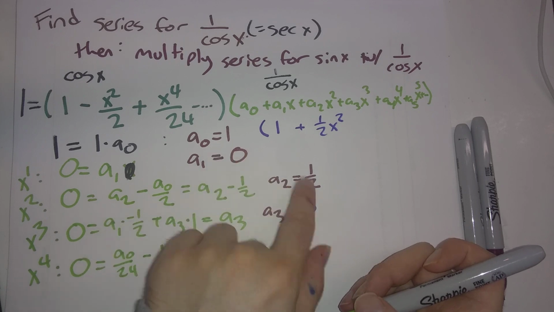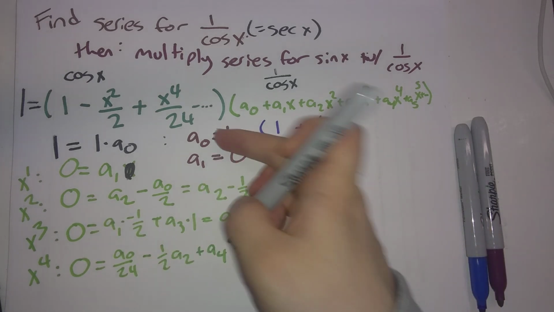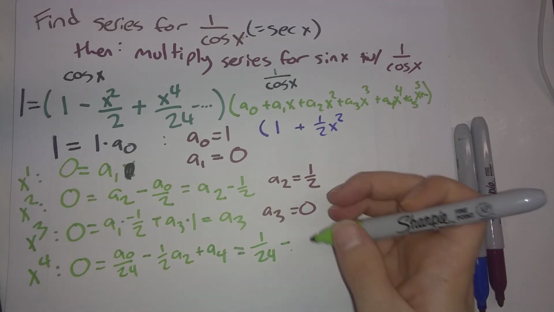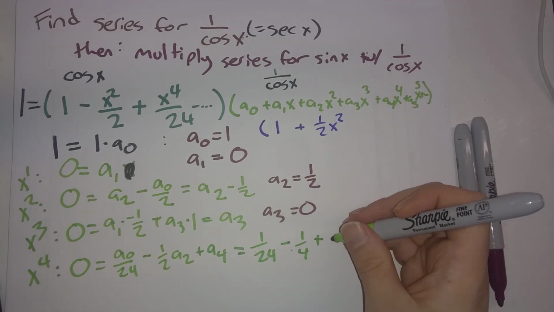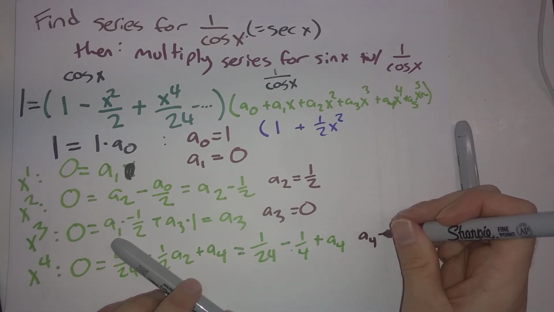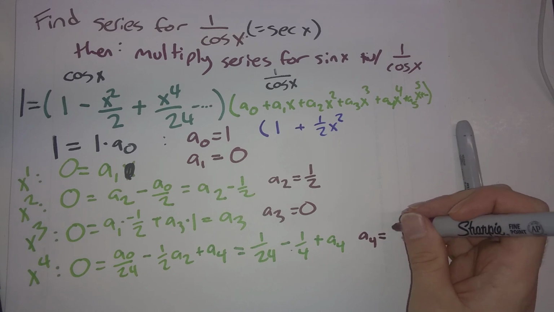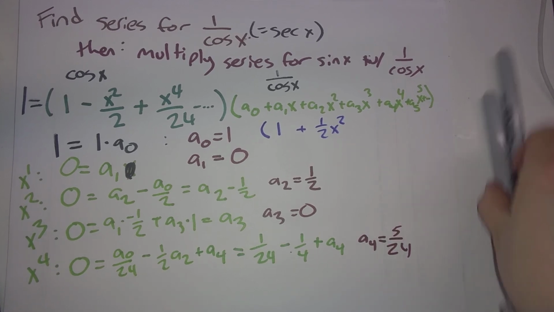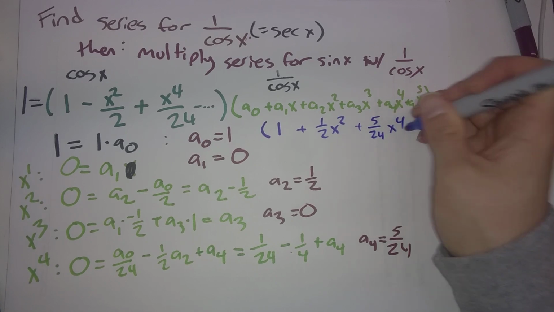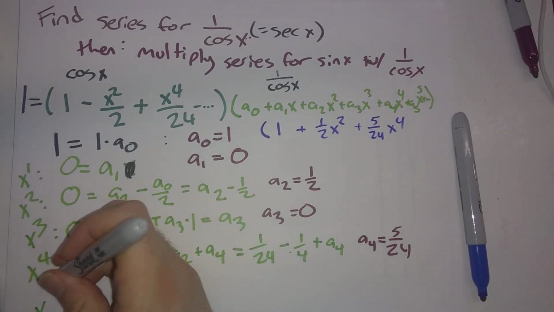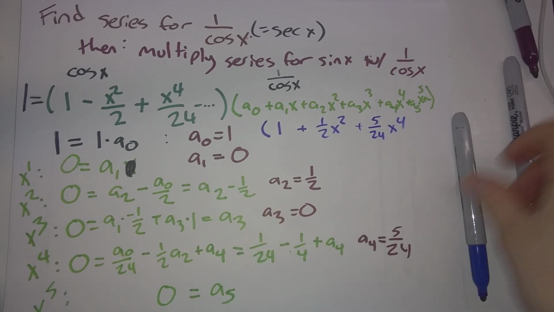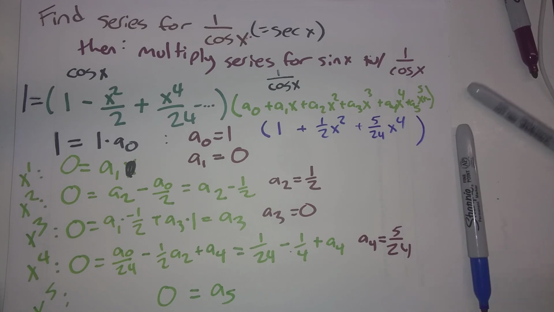So plugging in a0 and a2, we have 1/24 minus 1/2 times 1/2, which is 1/4, plus a4 is equal to 0. So that tells us a4 is equal to 5 over 24. If we do x to the fifth, I'm going to skip the details and just say a5 ends up as 0, so we can stop here.